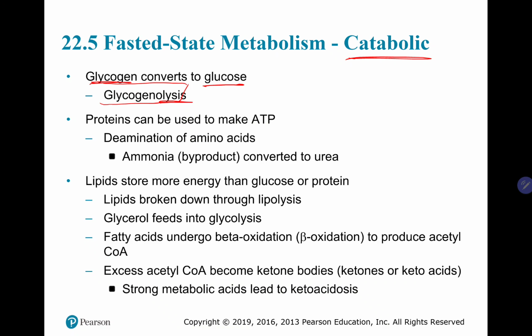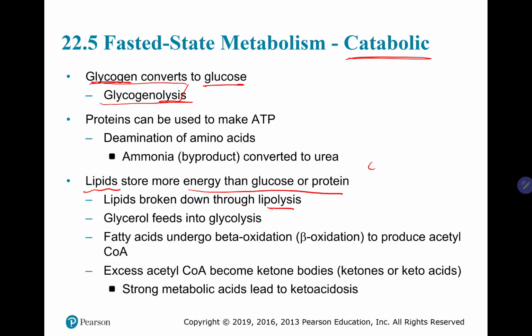And when you take that amine group off, you're creating an amine group plus an organic compound, and it's that organic compound that can then be siphoned into glycolysis. Lipids, remember, store more energy than glucose and proteins. Lipids break down through lipolysis.